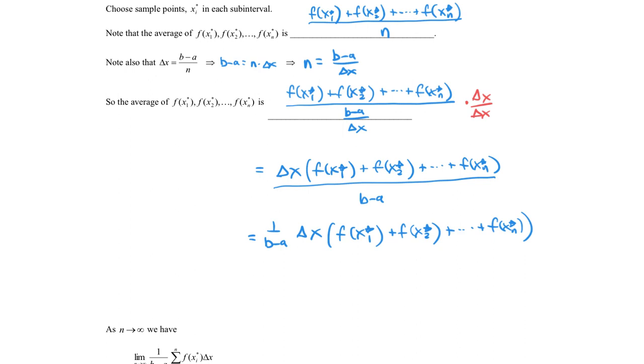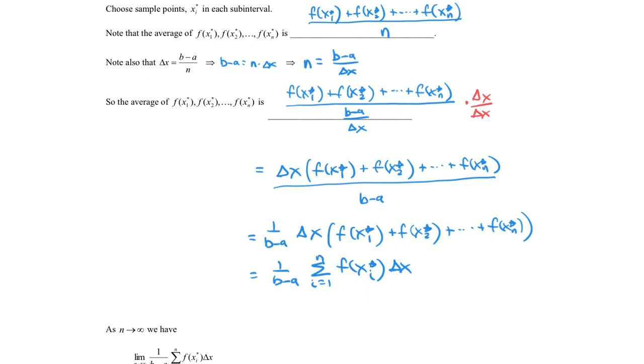I'm going to rewrite this as the summation as i goes from 1 to n of f of x sub i star times delta x. You can see that this is just replacing this, written more concisely. Since this is summation, you start with 1, plug a 1 in here, multiply by delta x, and then you add, because it's summation, then you plug in a 2 and a 3, and you go all the way to n, so that this is equivalent.